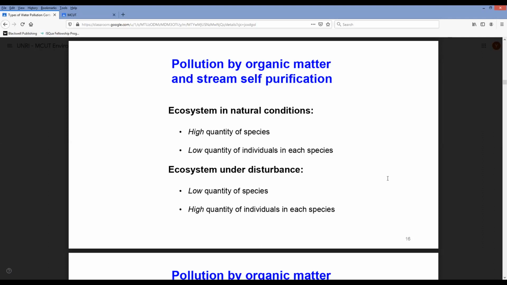On the other hand, the ecosystem under disturbance has a low quantity of species and a high quantity of individuals in each species. These two are opposite. Next please.